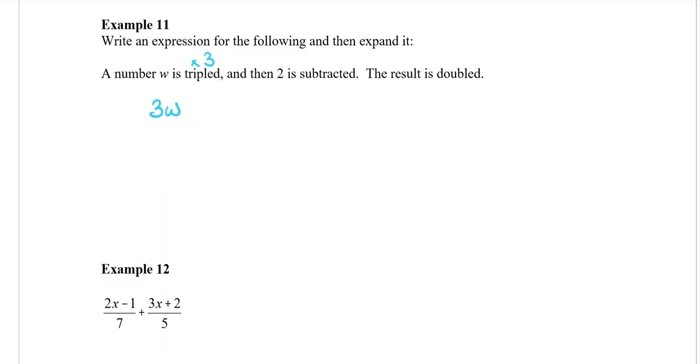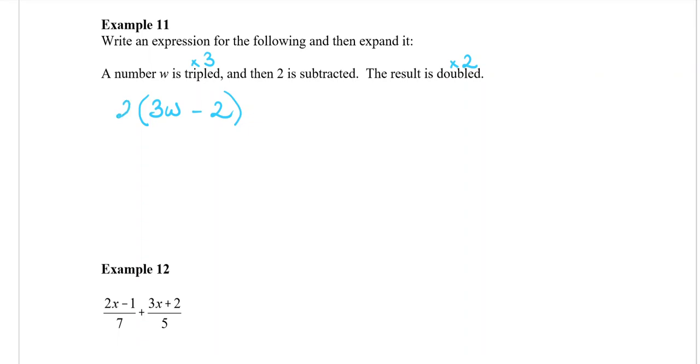So W is tripled, and then 2 is subtracted. Okay, so I'm going to subtract 2. The result, which means all that I have there, is now doubled. To double something, you want to times it by 2. But I have to times not just the 3W, I also need to times the minus 2. I want to times all of this by 2.